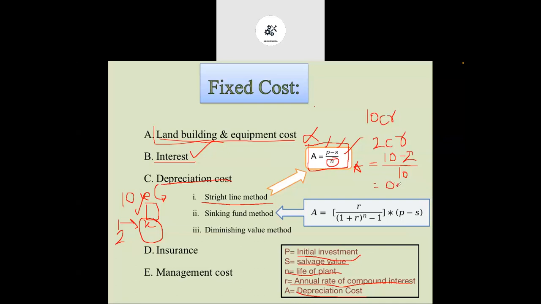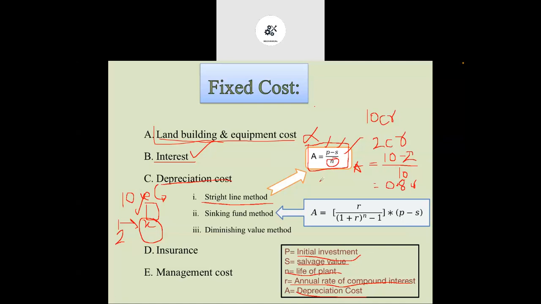So 10 minus 2 is 8, upon 10, the depreciation cost will be nearly 0.8 crore, or we can say 80 lakh. Each and every year we have to keep aside 80 lakh from the profits. So after 10 years, in the balance we have a total of 10 crores, and we can easily install the new power plant. That is the simple straight line method.